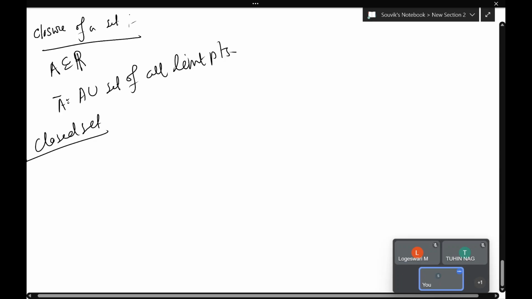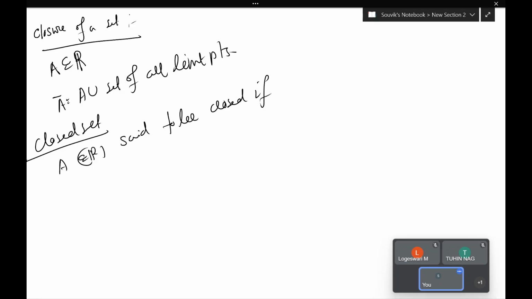And a set A subset of R is said to be closed if A contains all its limit points. This is known as a closed set.